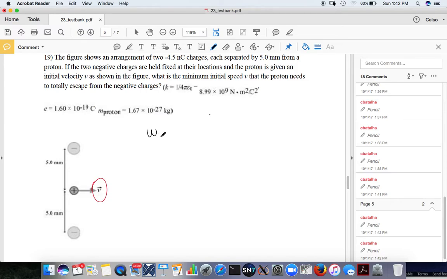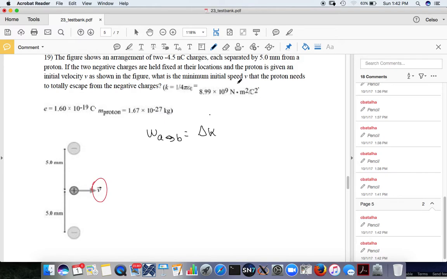The work done from A to B is equal to Q... First of all, work from A to B is equal to the change in kinetic energy that the system goes through, right?